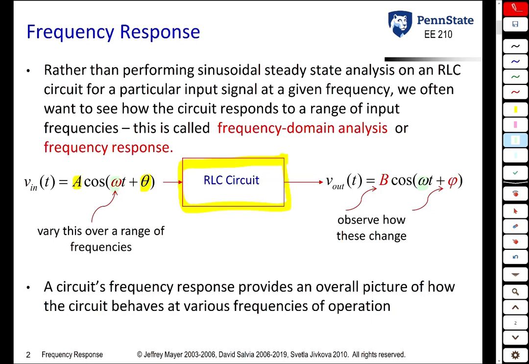But what we're also going to see is that the amplitude of the output and the phase of the output vary as the frequency of the input changes. And this is what we call frequency response or frequency domain analysis. And it's going to give us an overall picture of how the circuit behaves at a variety of frequencies.